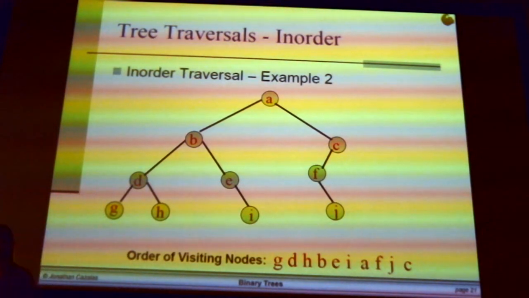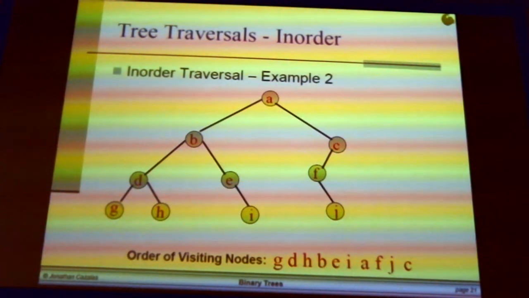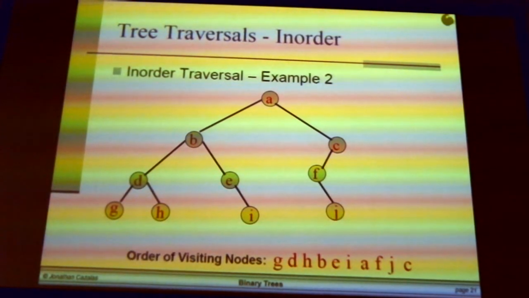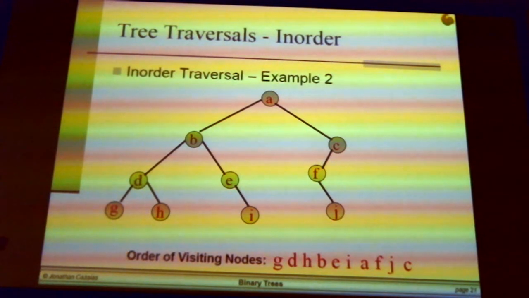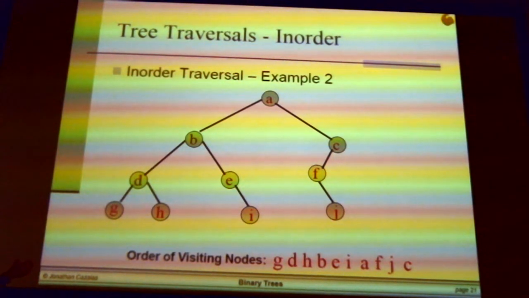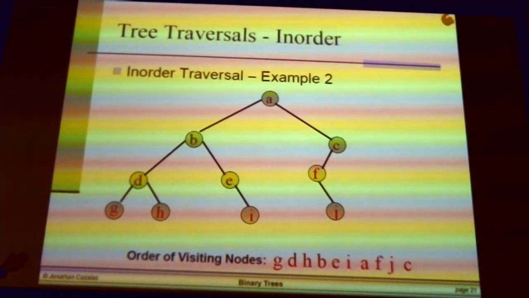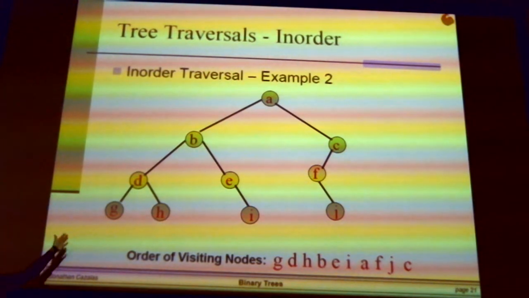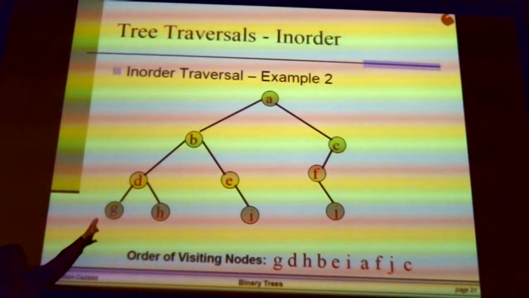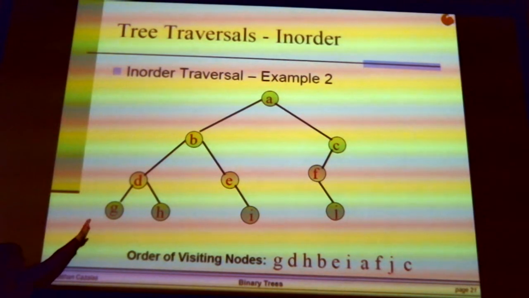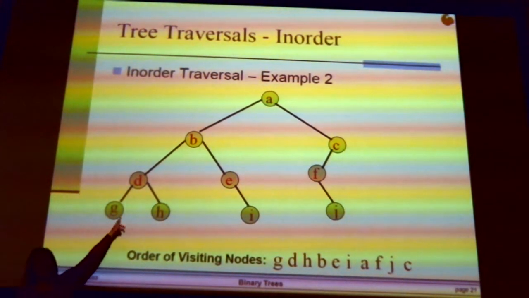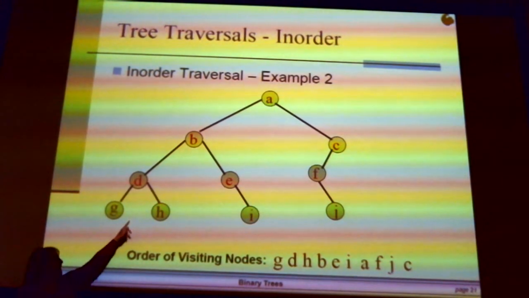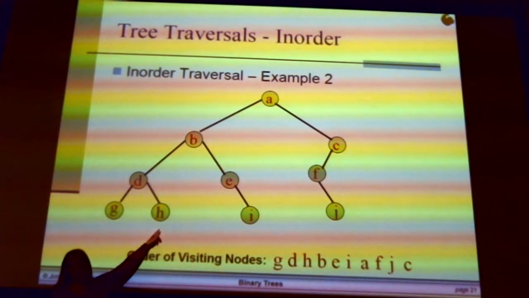We're doing an in-order traversal, and in order means the root is visited in between the children. Remember, always go from the left. That's how we read in English, from the left to the right. My first child is G, its parent is D, and the right child is H.